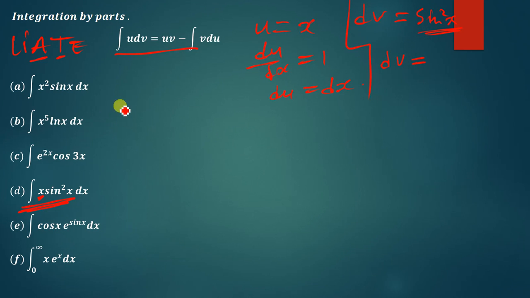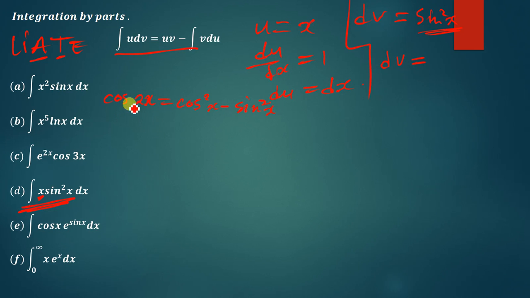We know that cos 2x is given by, not really sine, we start with cos: cos 2x is equal to cos squared x minus sine squared x.